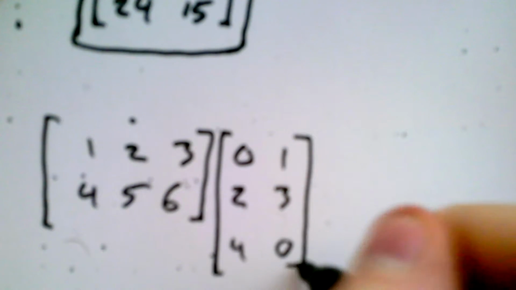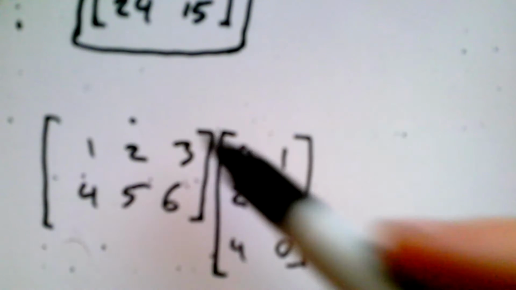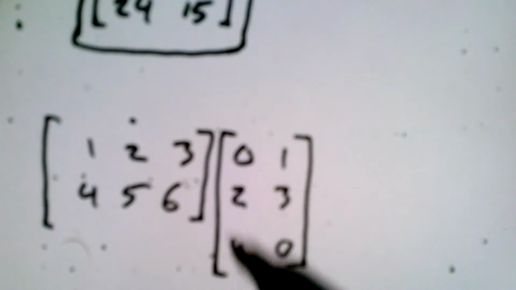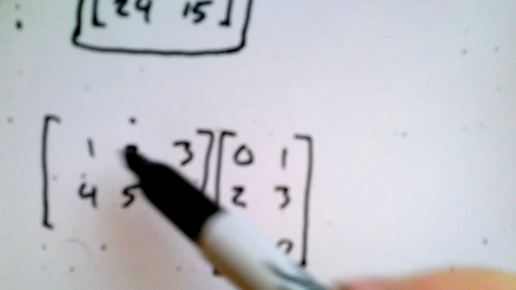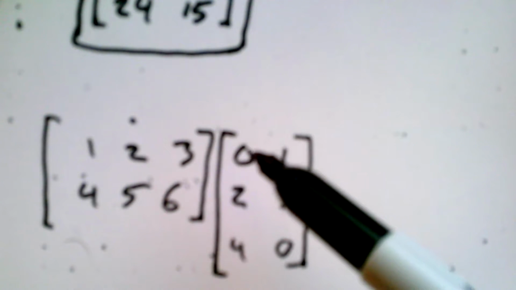I want to put a few zeros in there because it simplifies the product, and I think it'll still illustrate the point. So one thing that's important in multiplying matrices is that you need to have the same number of columns on the first matrix as you have rows on the second matrix.